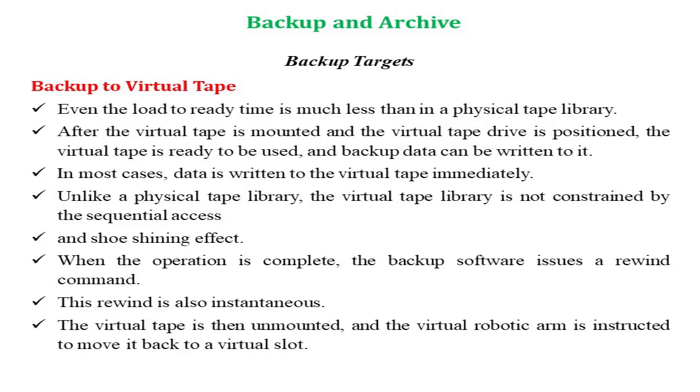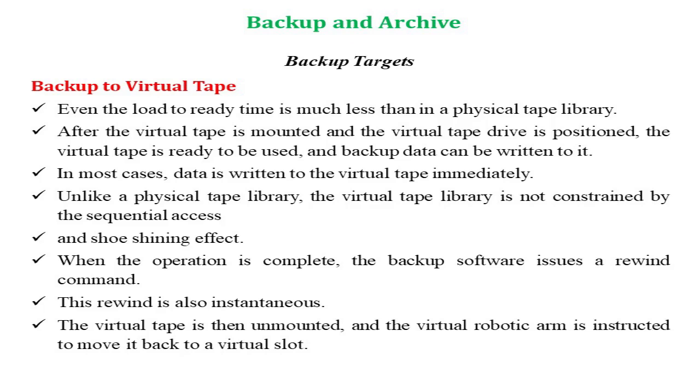In most cases, data is written to the virtual tape immediately. Unlike a physical tape library, the virtual tape library is not constrained by sequential access and also the shoe shining effect. When the operation is complete, the backup software issues a rewind command. This rewind is also instantaneous.